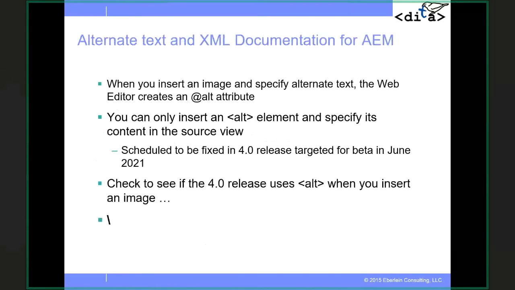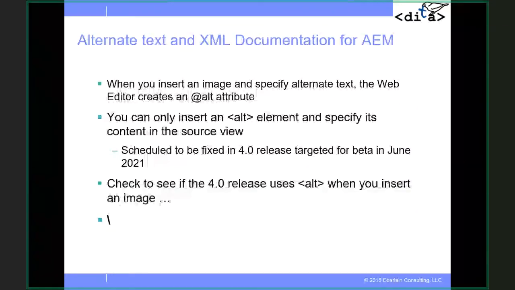So, quick item here pertaining to the XML documentation for AEM. Since this is DITA World, we do have a significant number of companies that use that CCMS on this webinar. Right now, if you're using AEM and you insert an image and specify alternate text, the editor automatically puts the alternate text in the alt attribute.